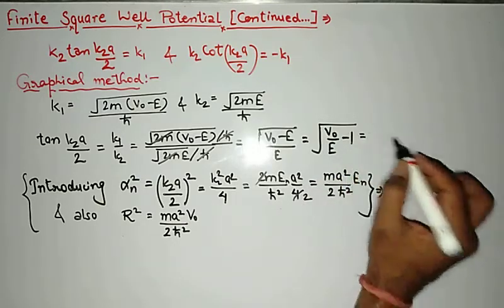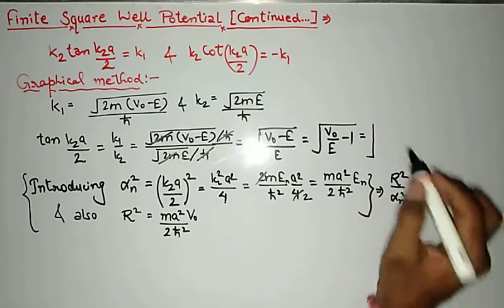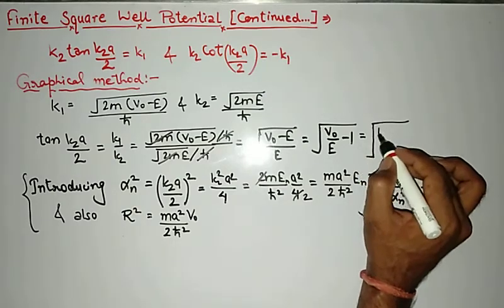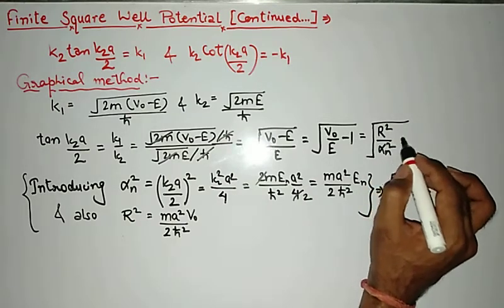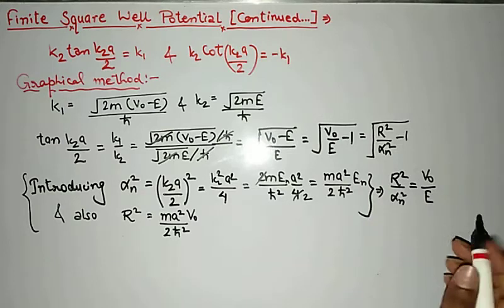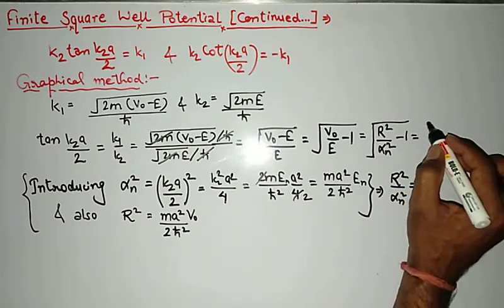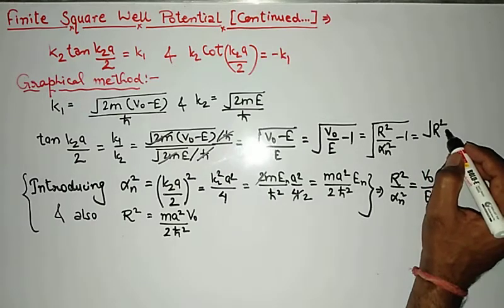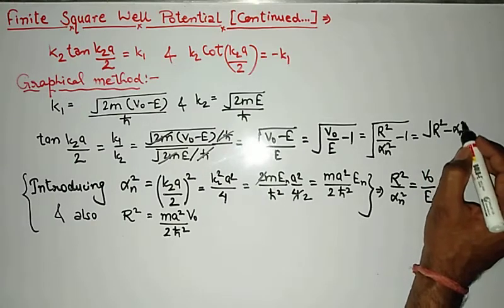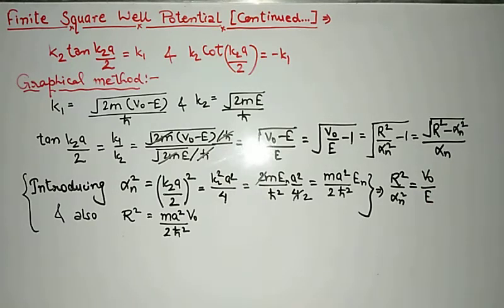So writing here now in the introduced terms, r square upon alpha n square minus 1. Writing better, under root (r square minus alpha n square) upon alpha n.